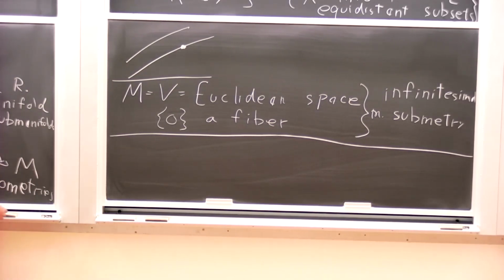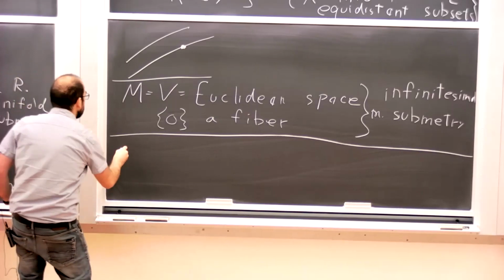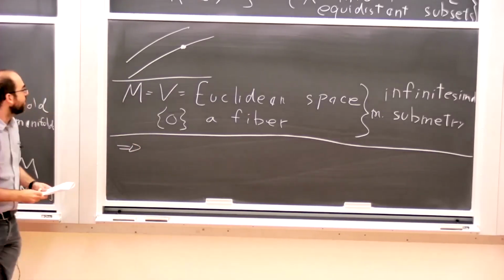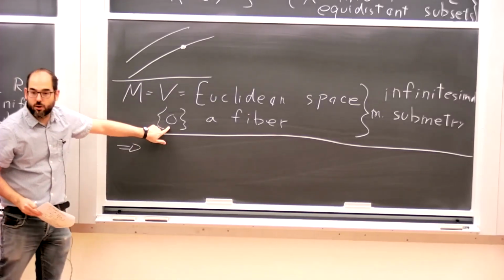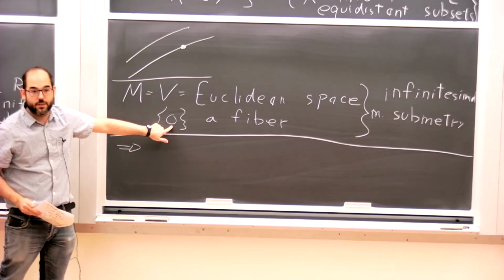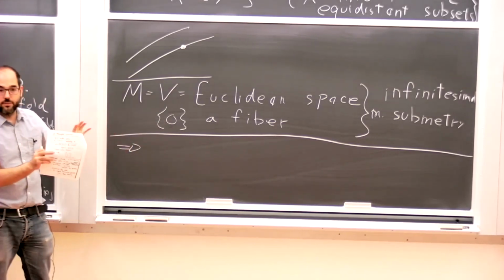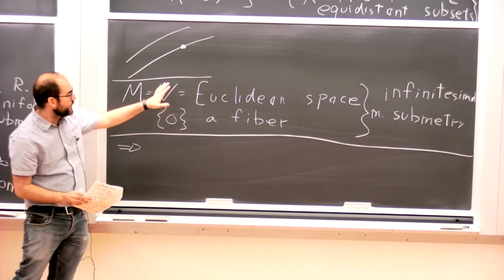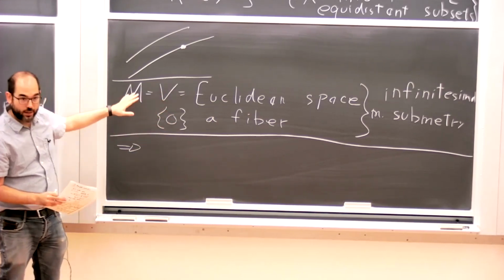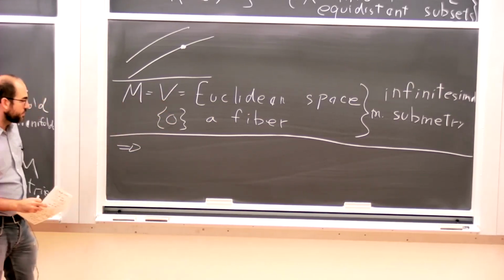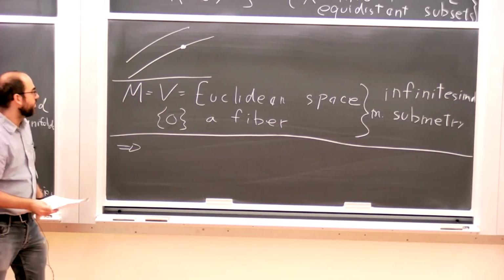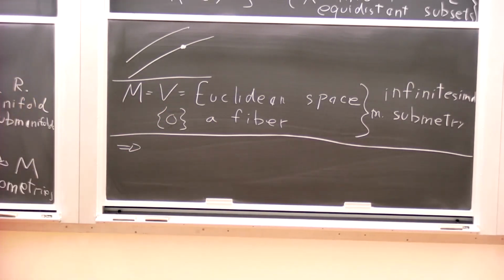If you have a situation like this, since I'm asking that the origin is a fiber, the unit sphere is foliated, given by fibers; it's a union of fibers as well. So you get a manifold submetry on the sphere.